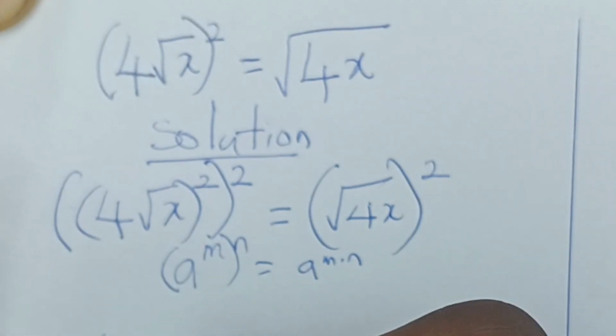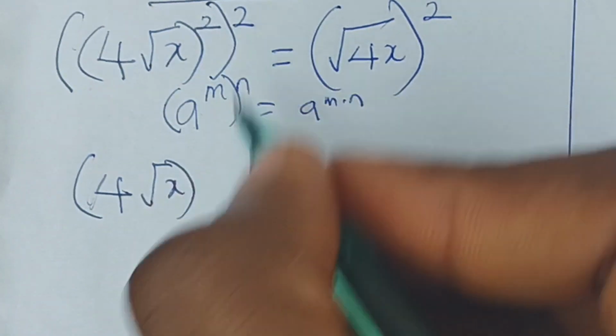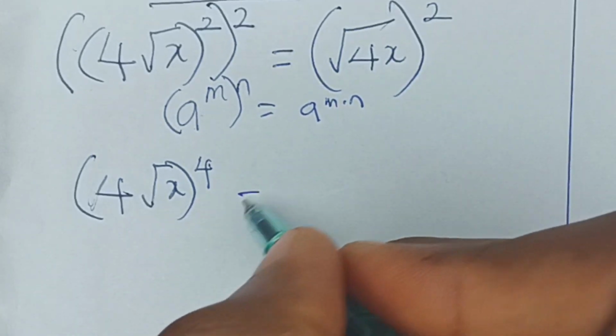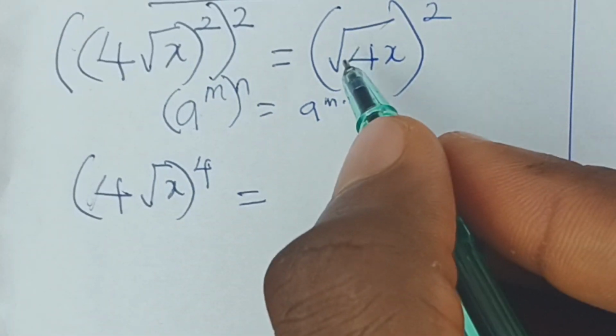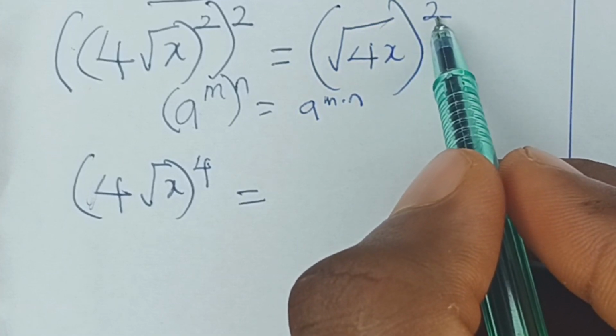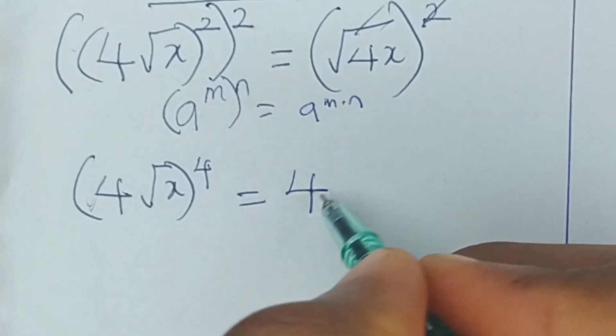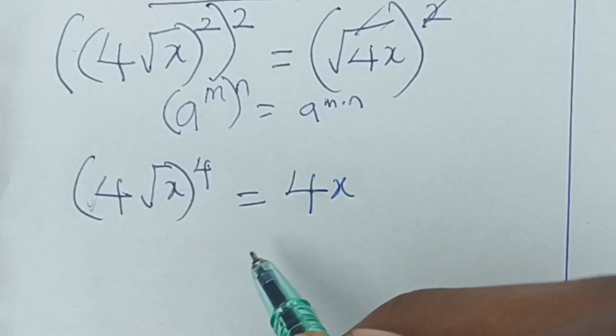So we'll have here the fourth root of x, all raised to power 2 multiplied by 2, which is 4. And this is equal to, now, anytime you have a root that is equal to the power, you simply cancel both. Okay? So we simply have this to be equal to 4x.